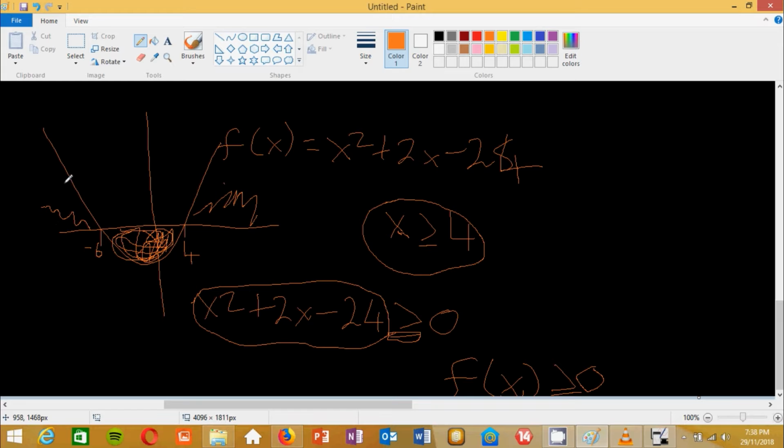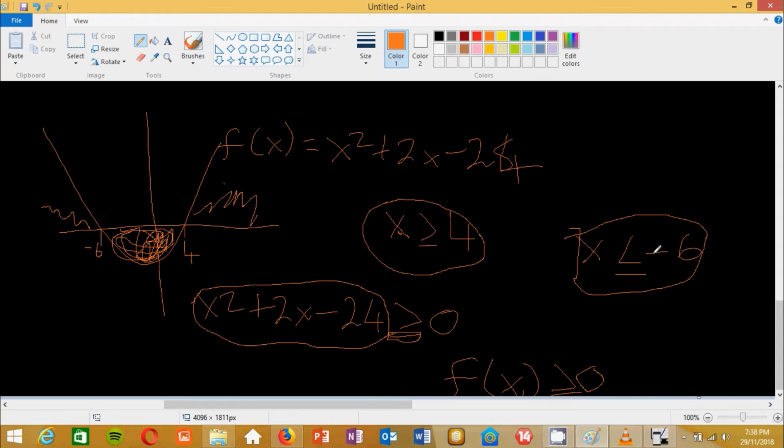As you can see, this graph just keeps on going up. The y-coordinate will always be greater than 0. So the second solution is x is less than -6. But we put that sign there because if x is equal to -6, then our f of x is 0 and the inequality is satisfied.